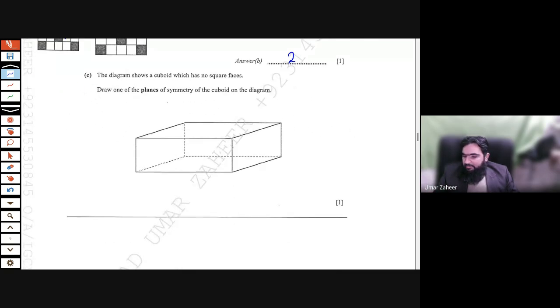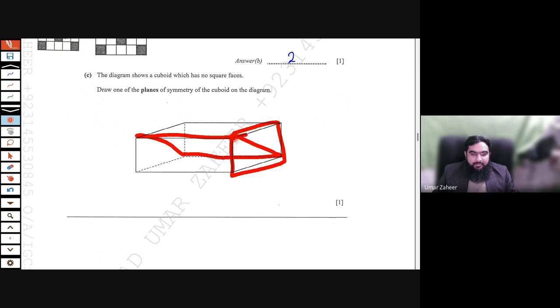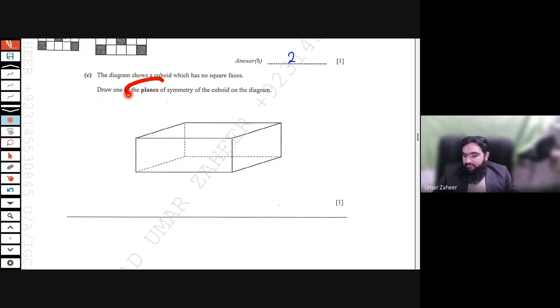The diagram shows a cuboid which has no square faces. All right, it is really important information: there is no square face. If you have a square face, you know that we have to make the diagonal planes as well. Draw one of the planes of symmetry. Yes, we have to draw any one.